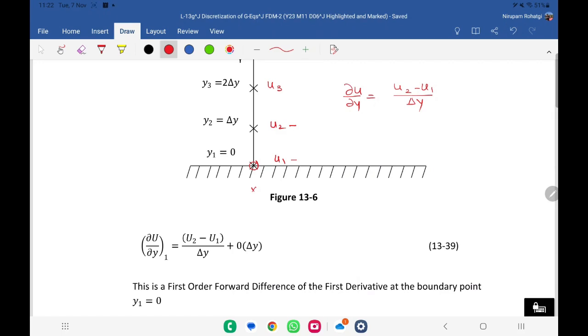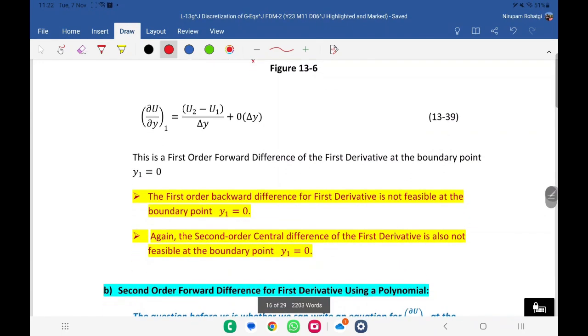So the first order backward difference for the first derivative is not feasible at the boundary point. The backward difference is not possible. The second thing, the second order central difference of the first derivative is not feasible at boundary point y1 equal to 0. Again, central difference is not possible. So out of 3, only 1 is possible, and that too has truncation error of order 1.